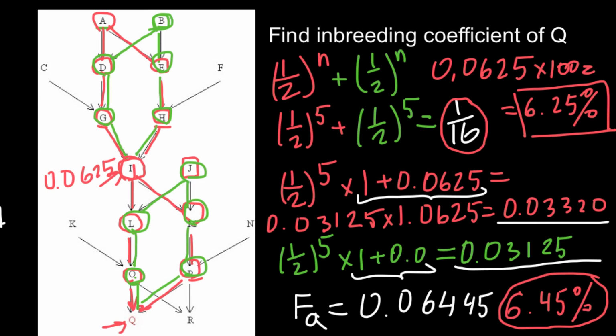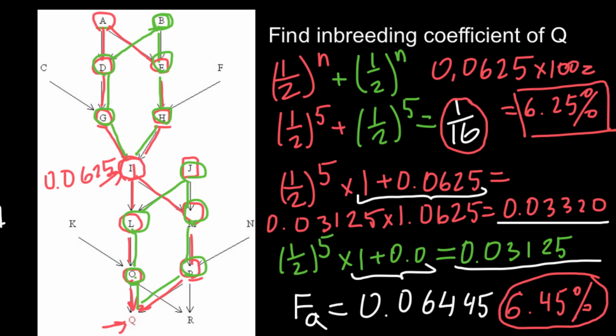I hope my explanation was clear enough, and now you would be able to solve analogous problems where we have multiple inbreedings, where one of the parents can be inbred, and in following generations we also may have different inbreedings and many different rings. So this is not going to be my last video about inbreeding. I'm going to post more videos with more complex problems.